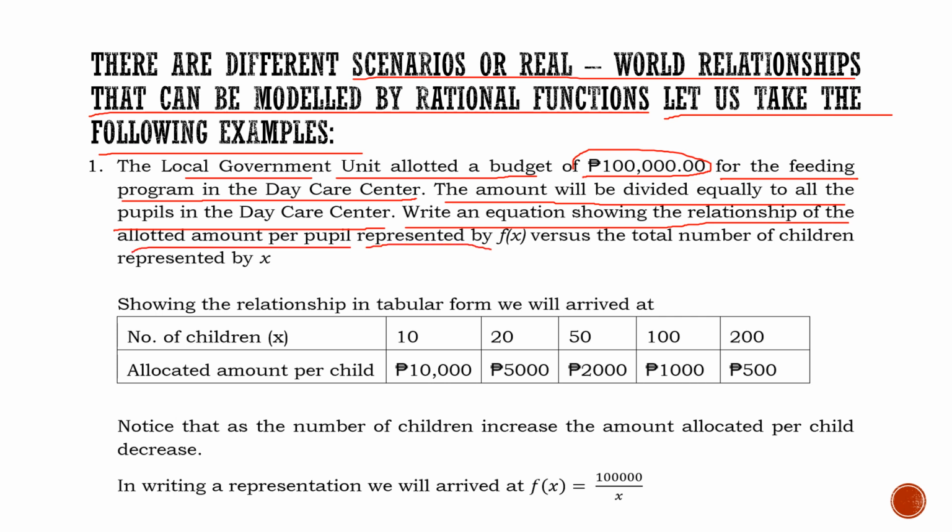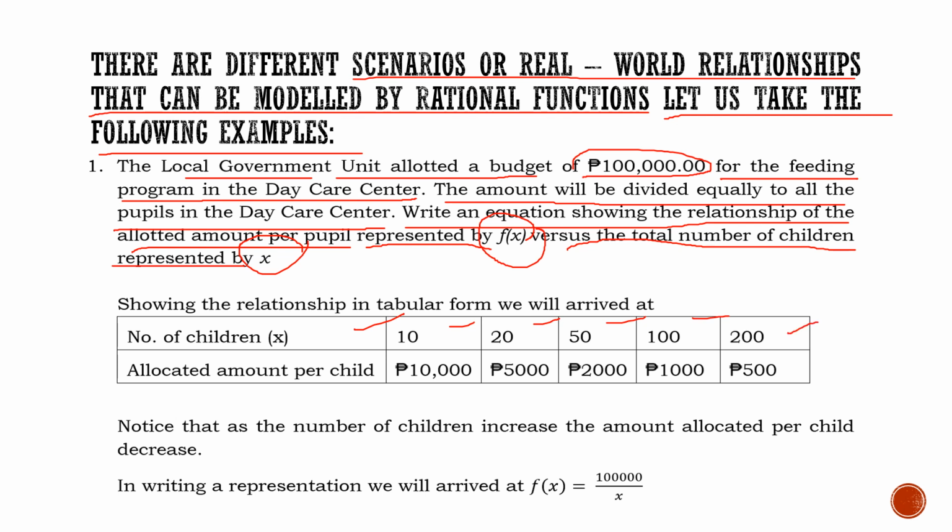Represent it by f of x, versus the total number of children represented by x. Showing the relationship in tabular form, the number of children is 10, 20, 50, 100, and 200.